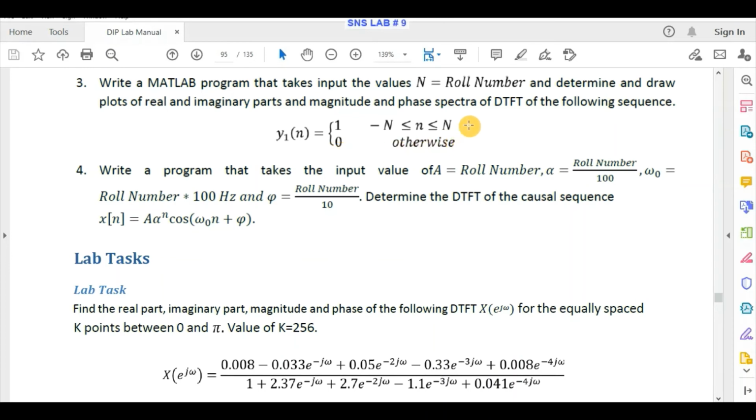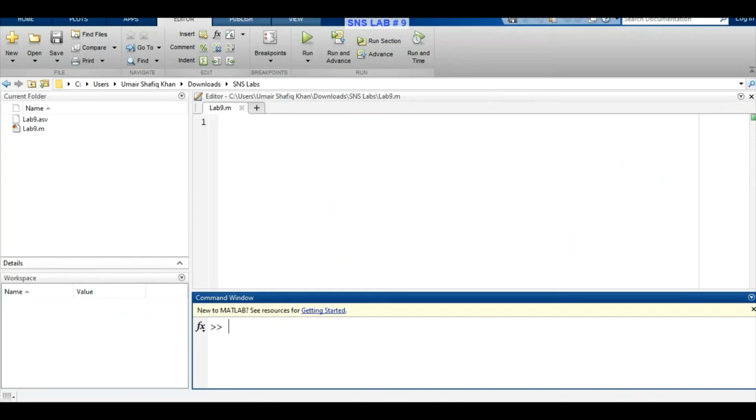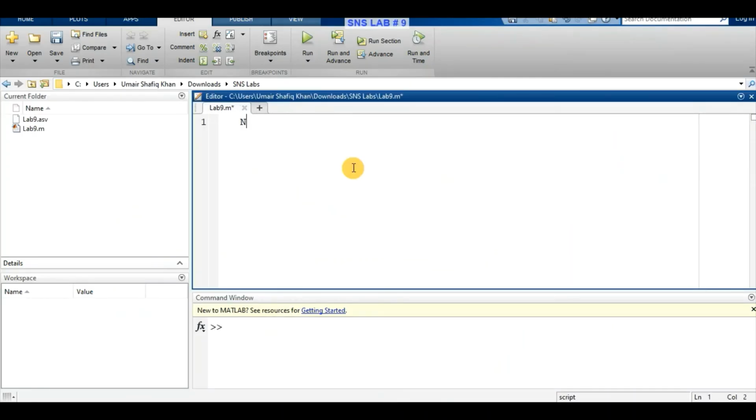So first of all we need to define the value of n, and I am assuming the value of n is 50. It is basically the roll number of the student as mentioned in the question.